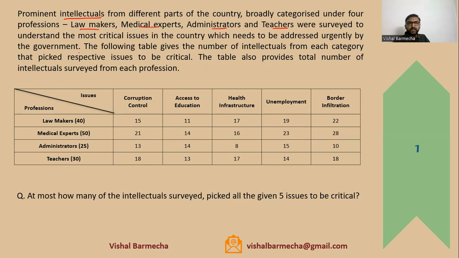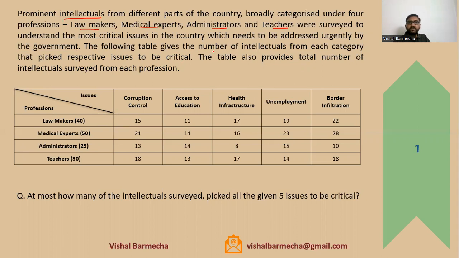Okay? No problem till here. The following table gives the number of intellectuals from each category that picked respective issues to be critical. So for each of these issues, how many of these intellectuals found it to be relevant, or for that matter most critical, needing to be addressed urgently by the government.